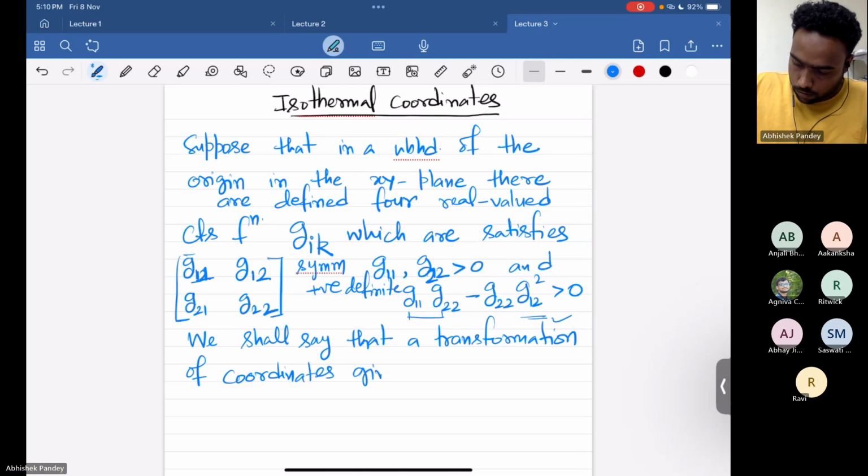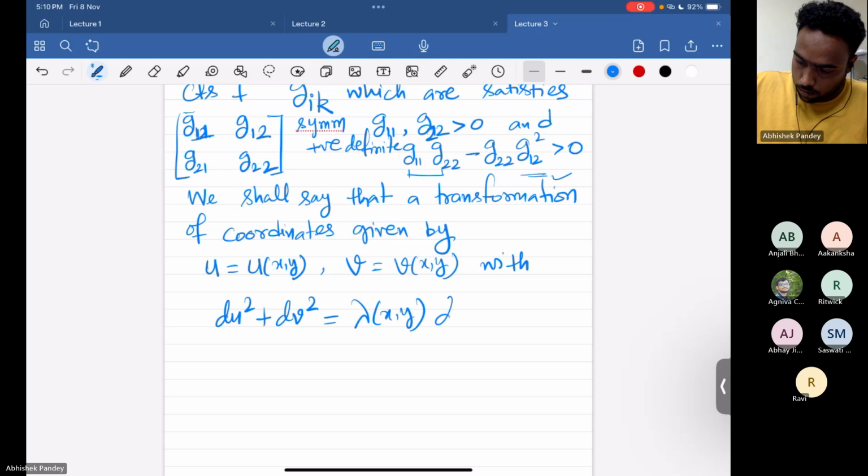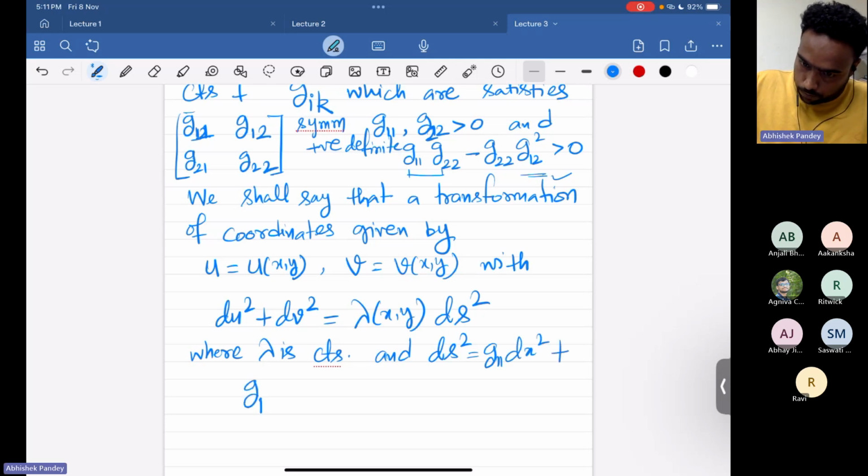Coordinates given by u equals u of x comma y, v equals v of x comma y, with du square plus dv square equal to lambda times ds square, where lambda is continuous and ds square is basically our g11 dx square plus 2 g12 dx dy plus g22 dy square.